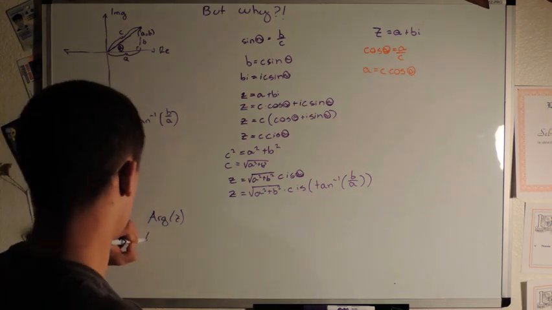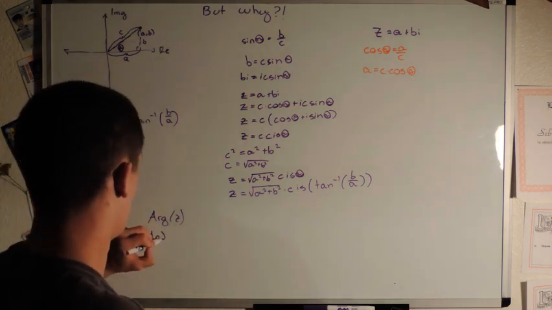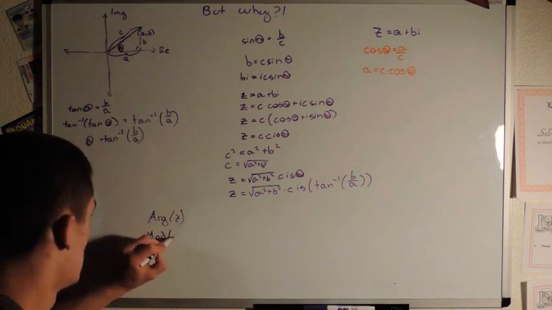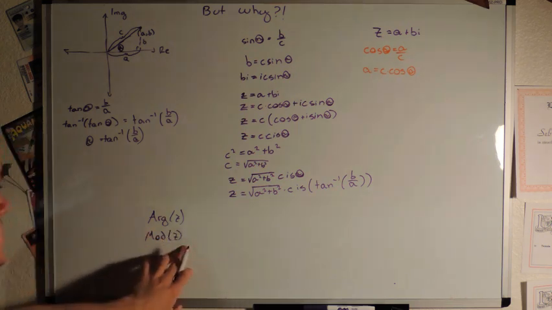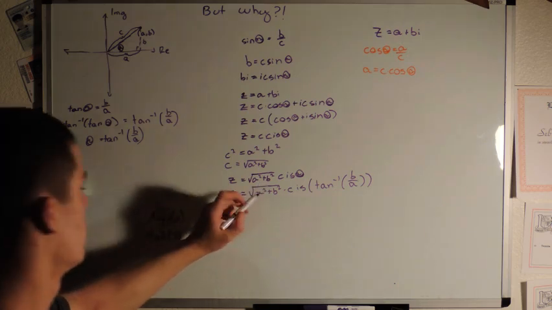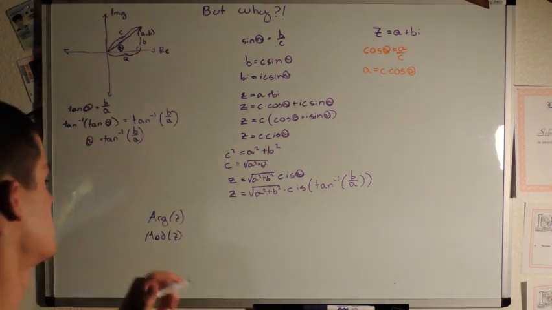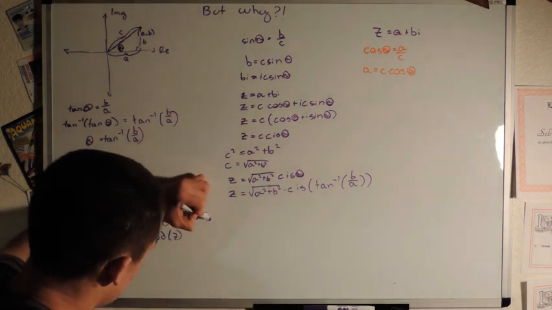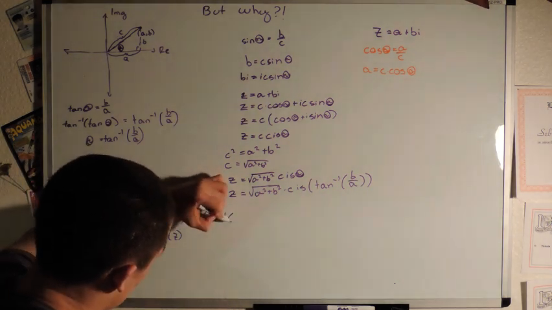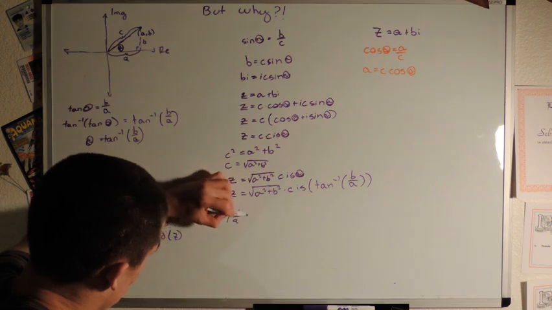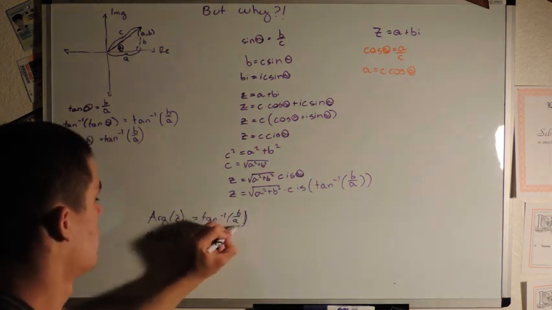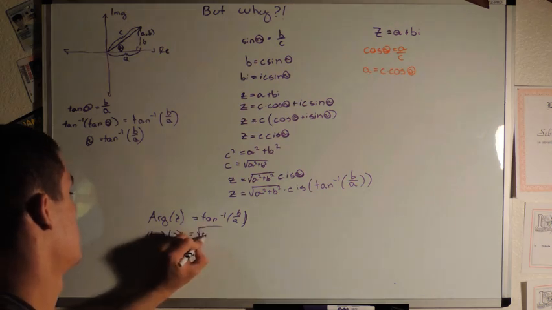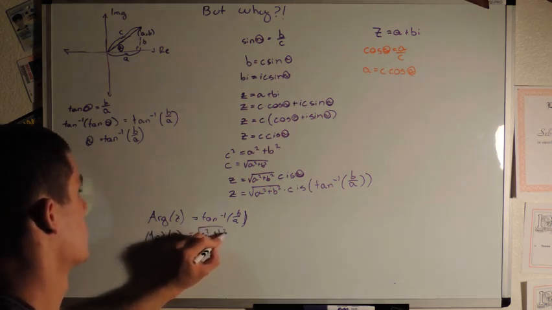And if you see the modulus of z, that's just equal to the square root of a squared plus b squared. There you go.